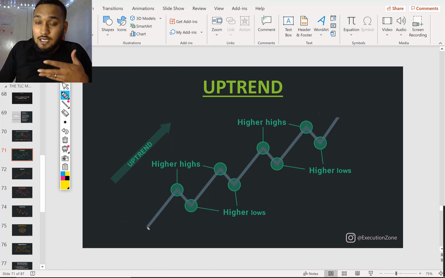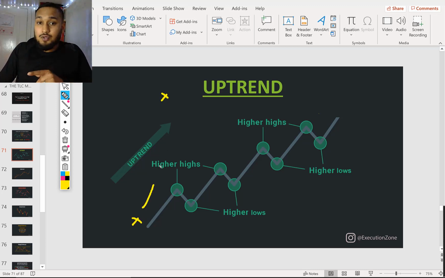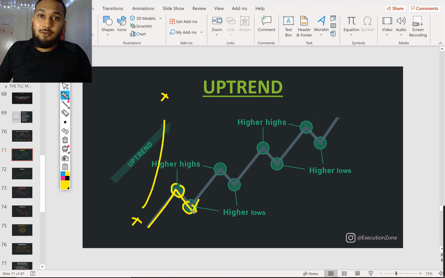And so in the case of an uptrend, if we're to move from one price point to another price point upwards, we don't just shoot straight up. What we do is we oscillate, creating these peaks and these valleys. Now, in trading language, we refer to these peaks and valleys as higher highs and higher lows.